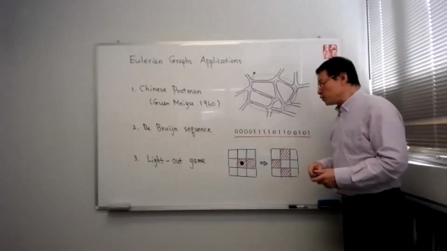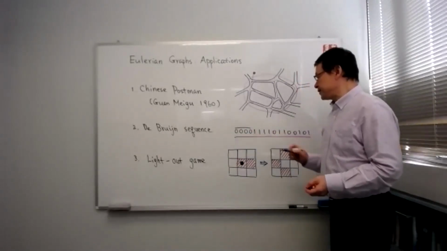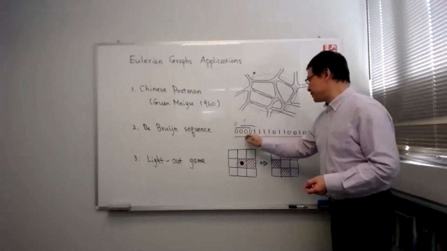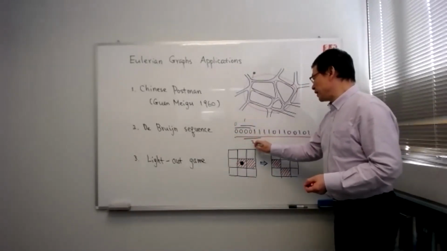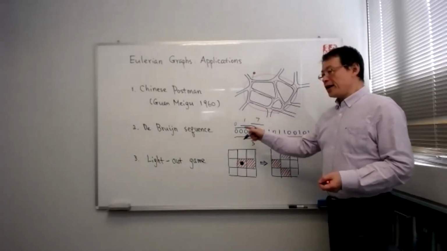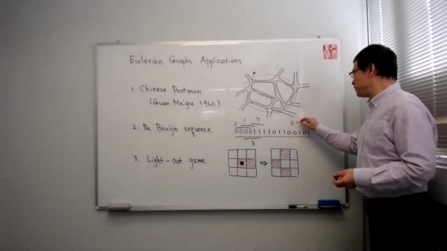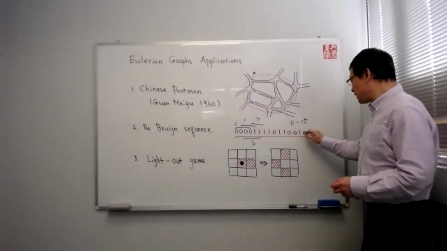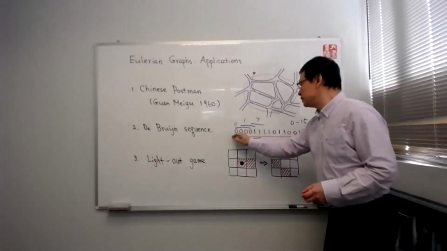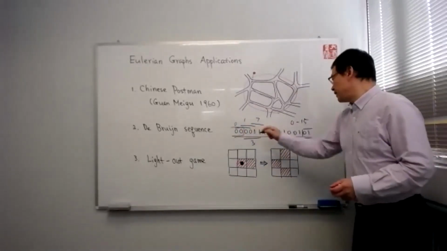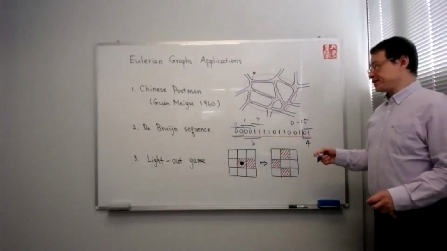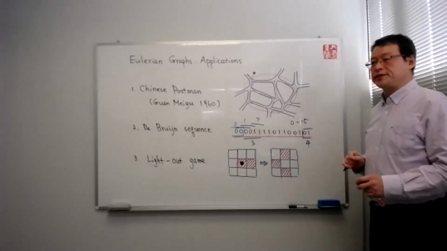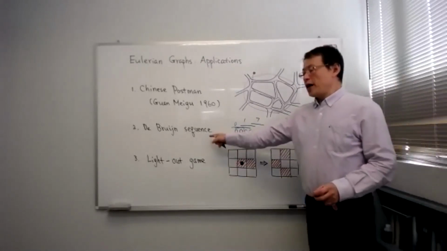If you take consecutive digits, the first one gives us 0, the second gives us 1, the third gives us 3, this one gives us 7. Actually, all binary numbers from 0 to 15 can be obtained from this sequence. For example, this one, it's cyclic: 0, 1, 0, 0, so this gives us 4. All 16 different binary numbers can be obtained from the sequence. Such a sequence is called a de Bruijn sequence.